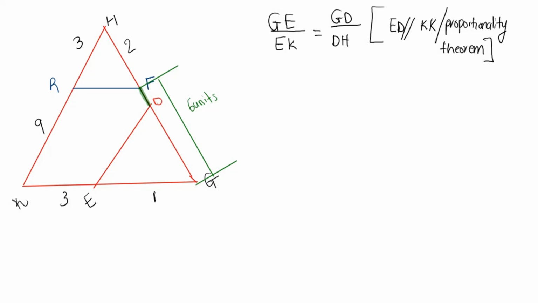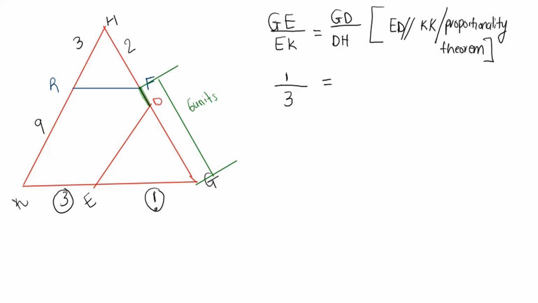Okay, so like I said, we can just simply substitute the value of GE, and we found that the value of GE is equal to 1. So it's that value there, and it's equal to 1 over, what is our value of our EK? It's 3, which is equal to GD. Where is GD?